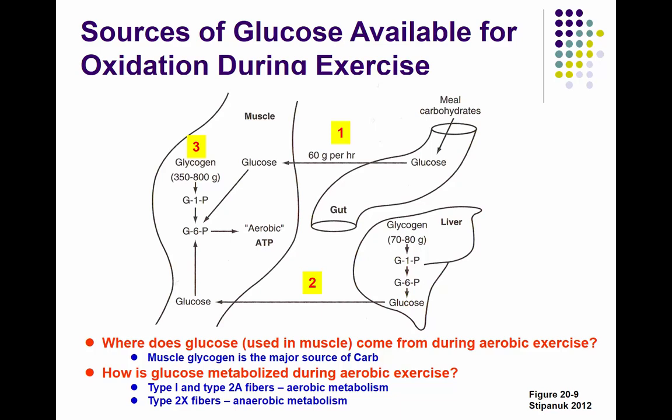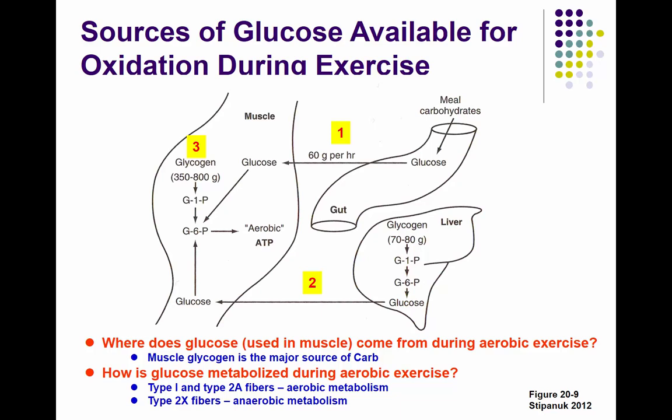Again, muscle glycogen is a major source of carbohydrate. And the second question is, how is glucose metabolized during aerobic exercise? Again, different types of fibers metabolize glucose differently, right?